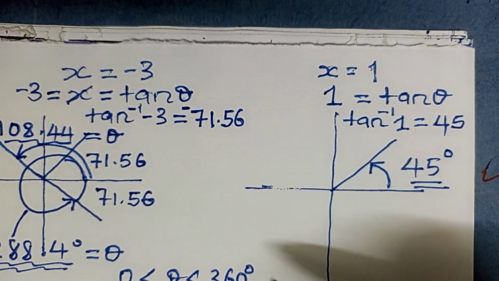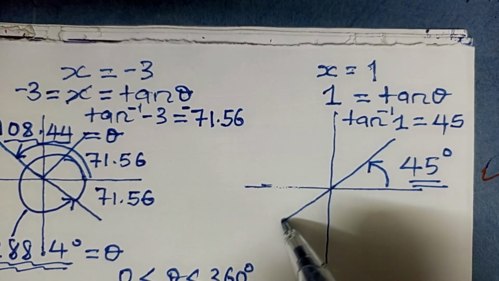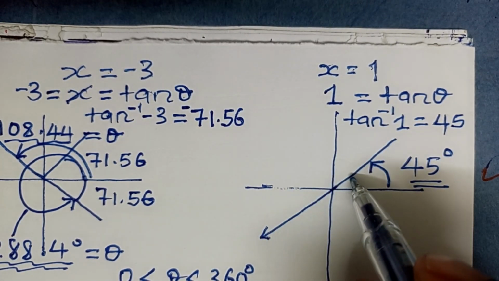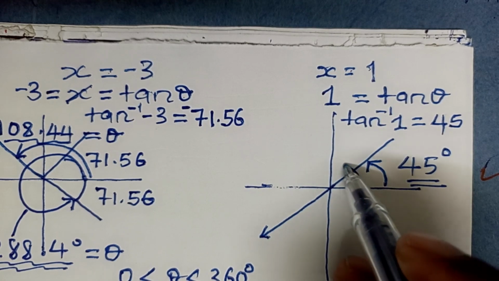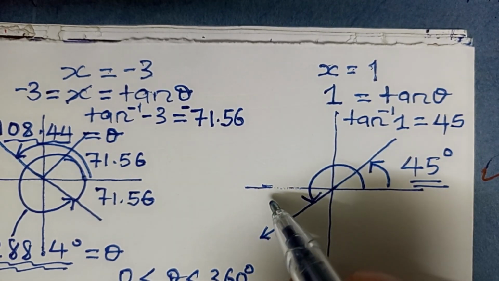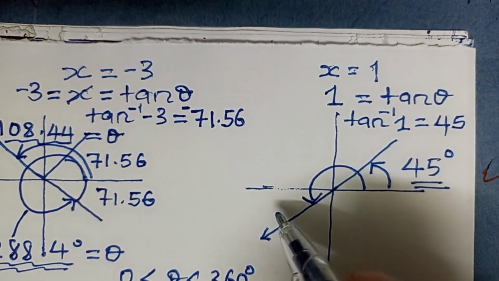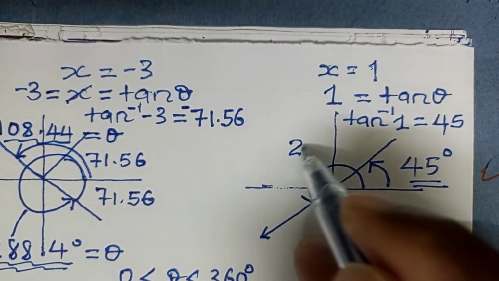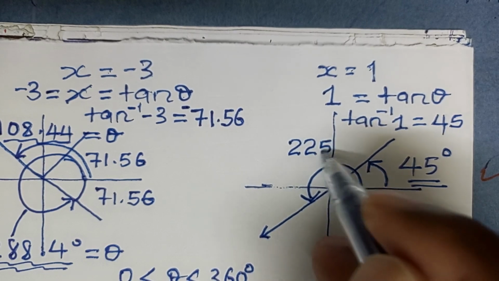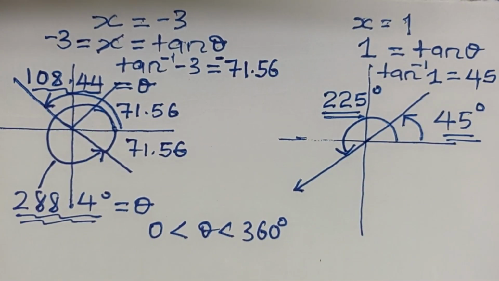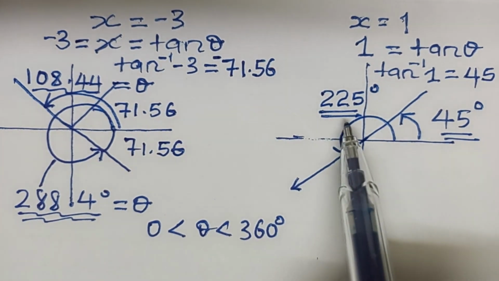So we check on the other side where tan is positive, and it's at that point. So the other angle, guys, is going to be here. We add 180 plus 45. This one now gives us 225 degrees. And therefore, guys, this is also our theta.